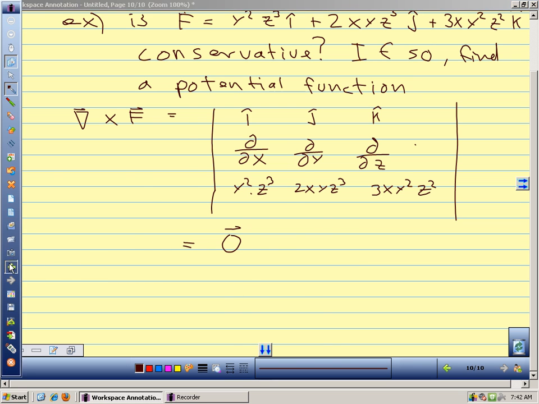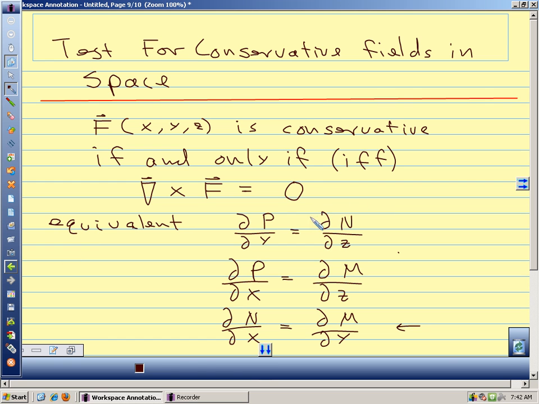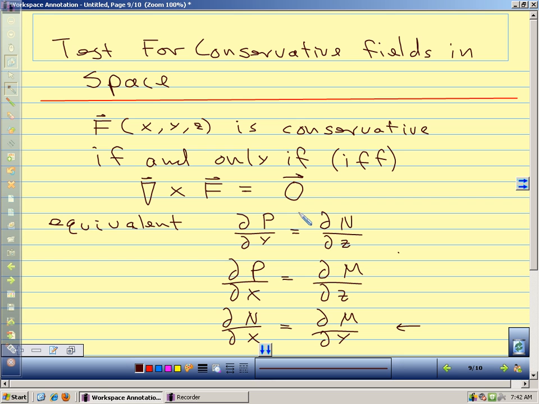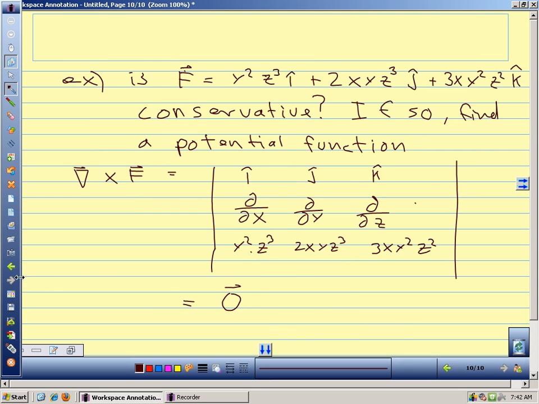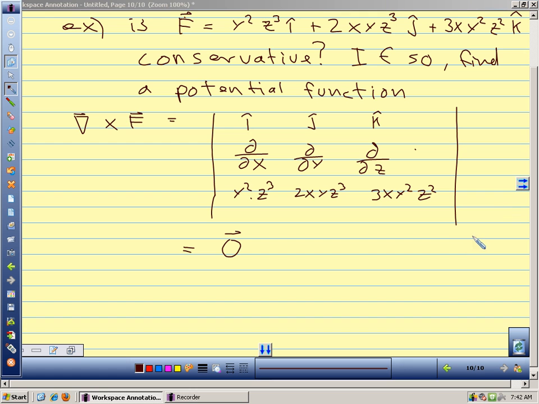I realized when I wrote this down, del cross f equals a 0 vector. 0 and the 0 vector are not the same. 0 is a scalar, and the 0 vector is a vector. So this is a vector that has no magnitude. So the magnitude of the curl is the scalar 0.